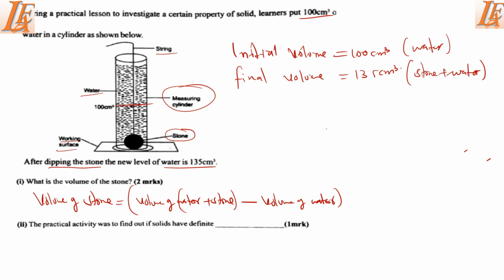So you take the final volume, which is 135 cubic centimeter, then you subtract 100 cubic centimeter. And here, you will get the volume of the stone as 35 cubic centimeter. Then, question 2, the practical activity was to find out if the solid has a definite volume.